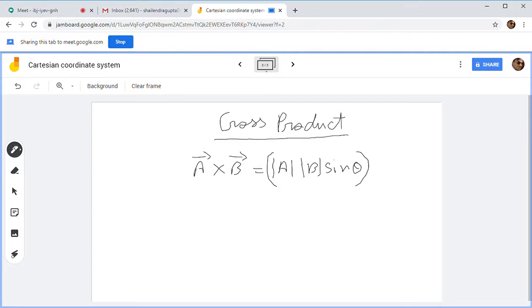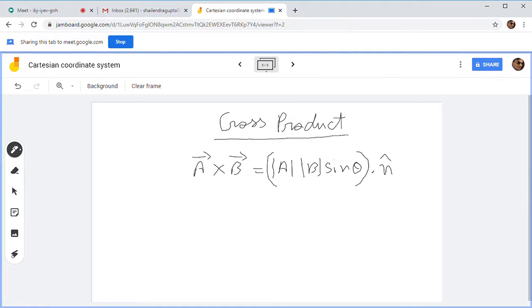To give the direction to this, you take the direction to be the normal. Normal means the perpendicular direction to both of these vectors, vector A and vector B. So your vector A cross vector B will give you a vector quantity.